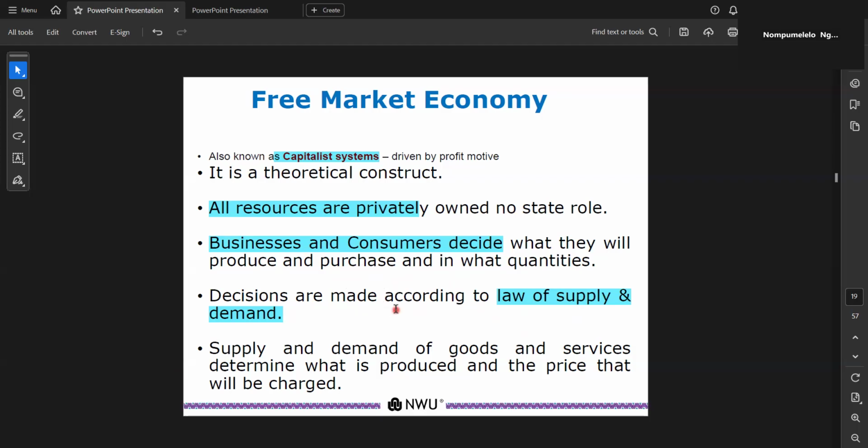When businesses want to produce something, they look at the demand. Is there demand for this product? Okay, there is a demand, let's produce it. For example, I don't know if you guys still remember a cash time, but if someone was to sell those shirts now, that person would definitely make a loss because we're not going to buy them.